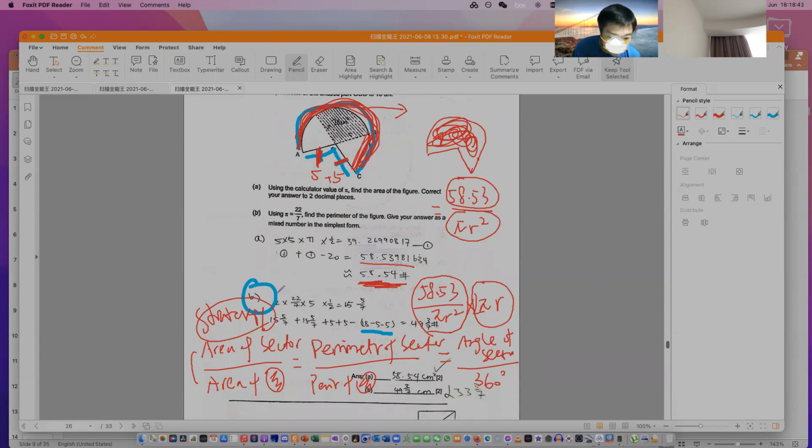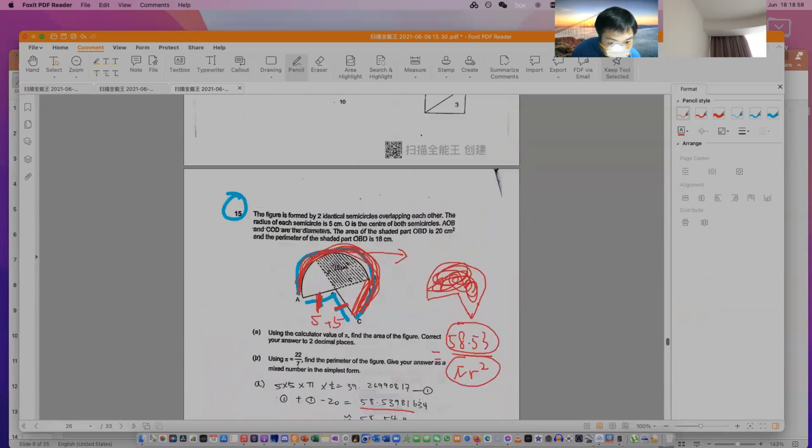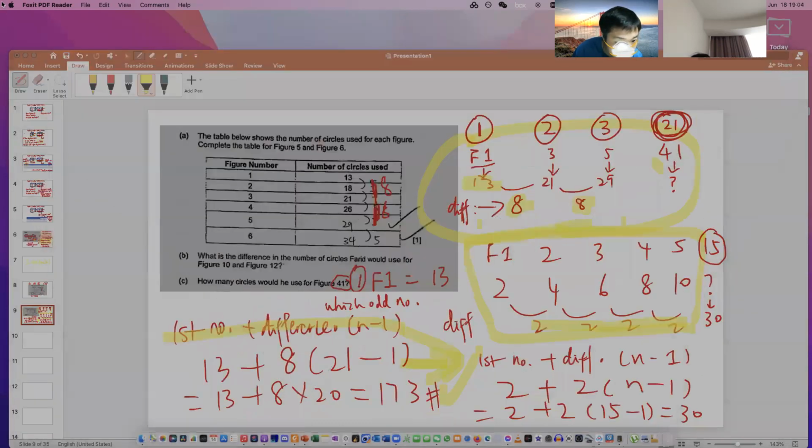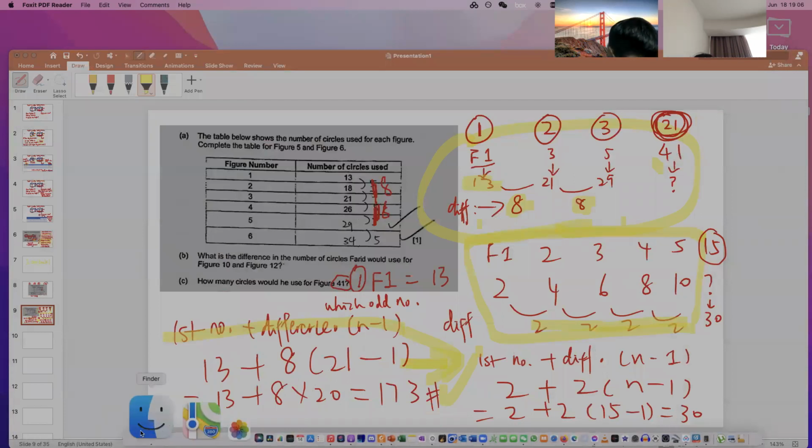The concept is you need to make use of the fraction: the area fraction is equal to the perimeter fraction, which also equals the angle fraction. So before I end the lesson, I have one question to discuss with you.